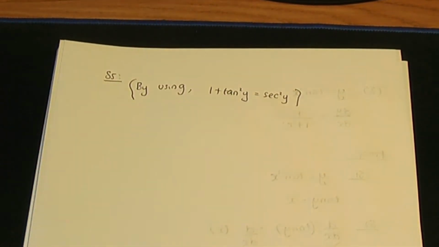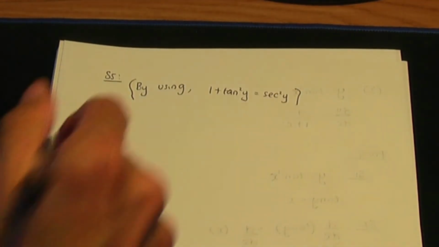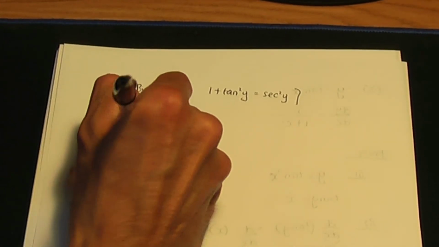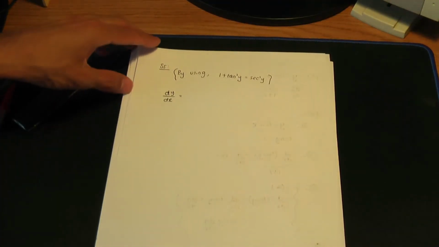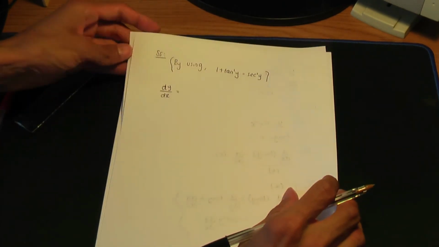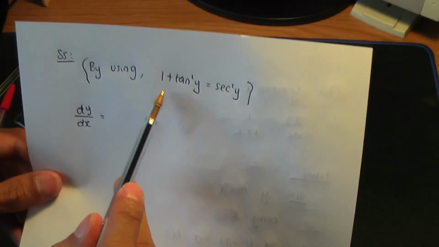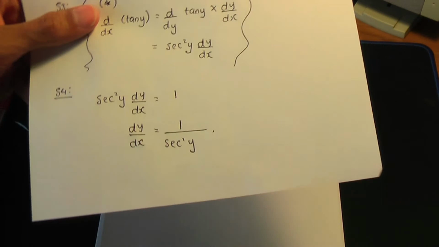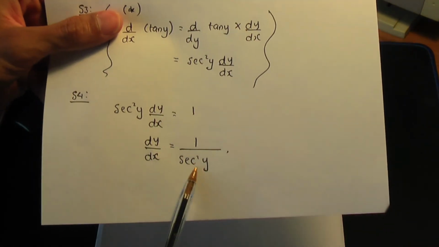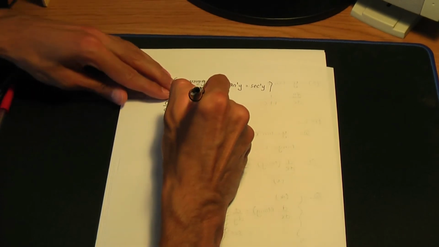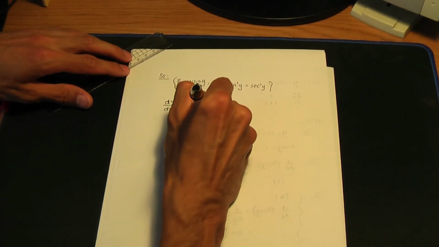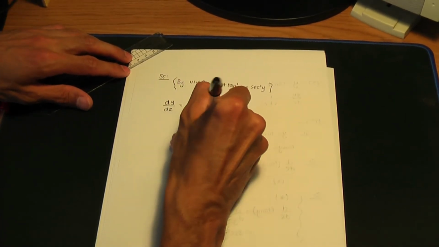And if I do the replacement, if I replace sec squared y by 1 plus tan squared y in the previous equation, we're going to end up with 1 divided by 1 plus tan squared y.